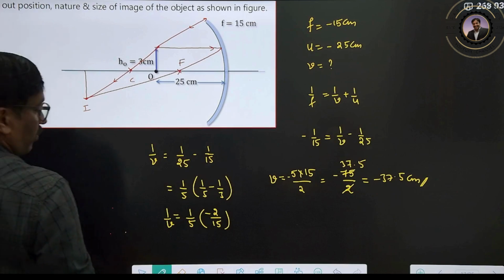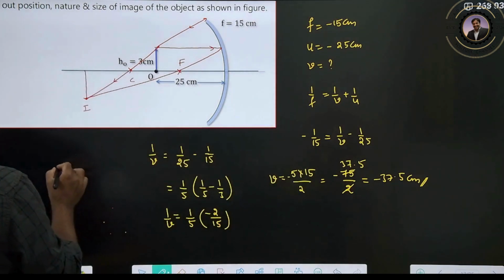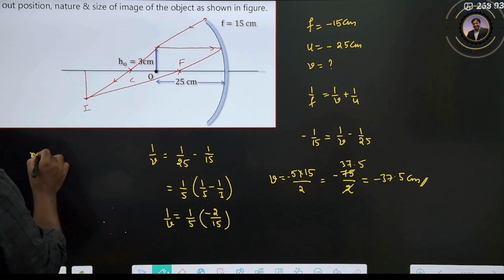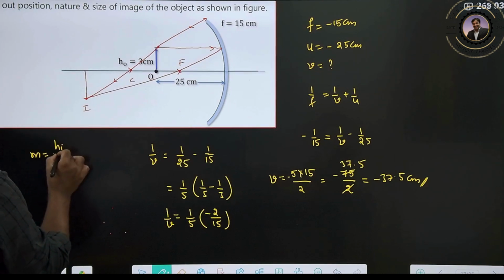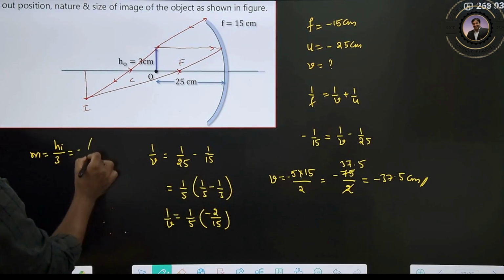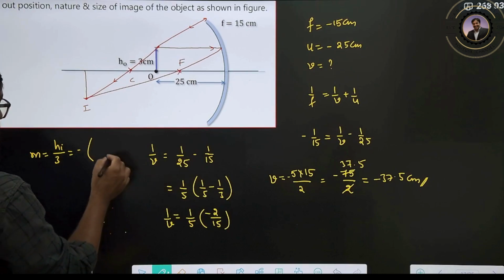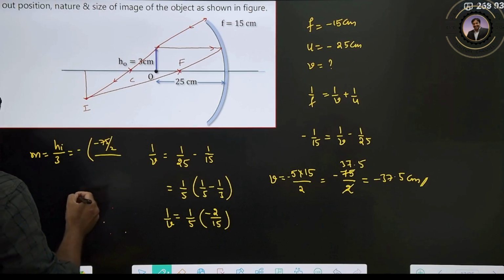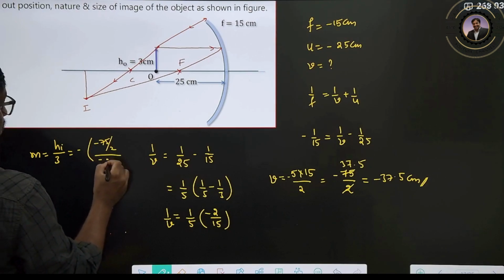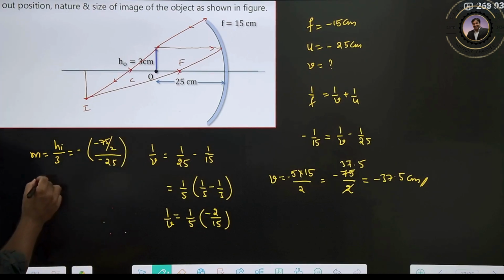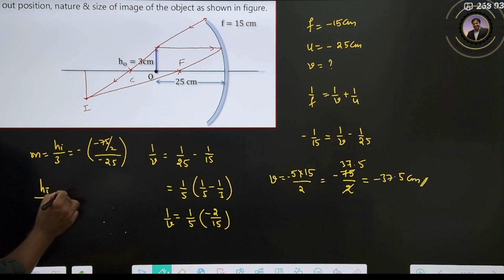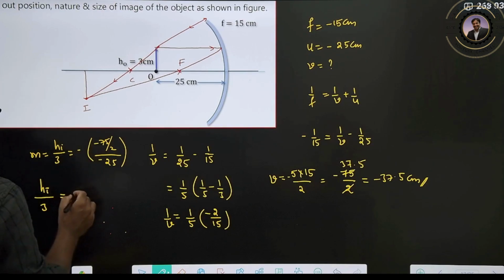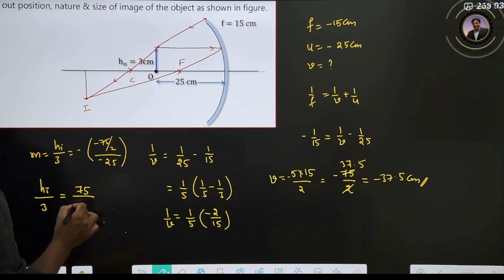Clear? Now we want to calculate the height of the image. Magnification m is equal to height of the image by height of the object, which is nothing but minus v by u. v is minus 75 by 2, u is minus 25. So height of the image by 3 is equal to 75 by 2 into 25.